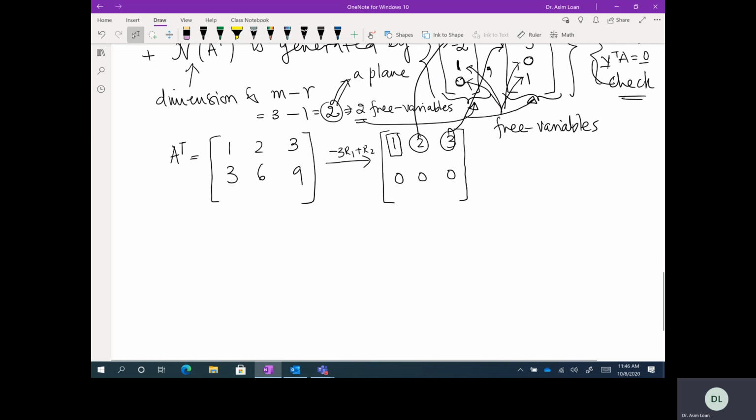Okay. So let's define the orthogonal complement. So definition of the orthogonal complement.